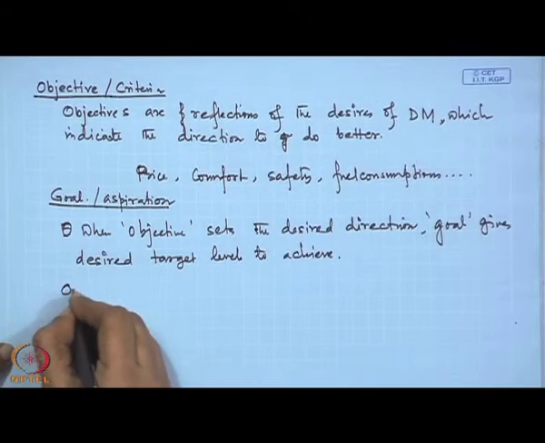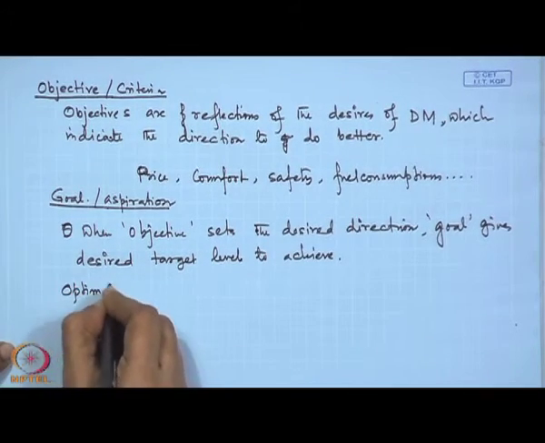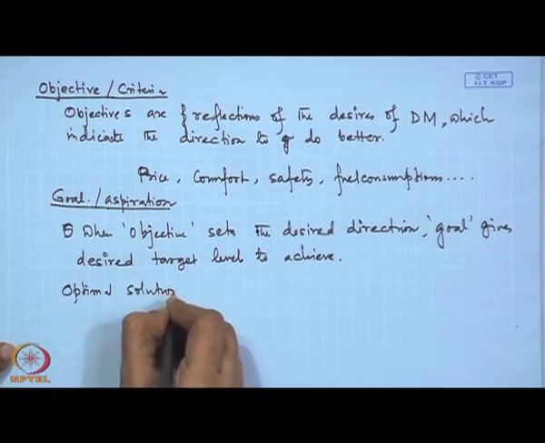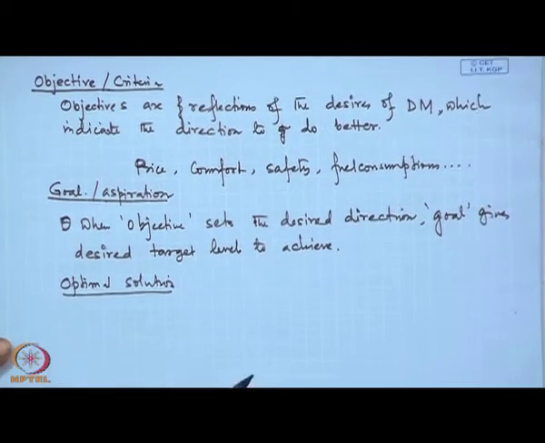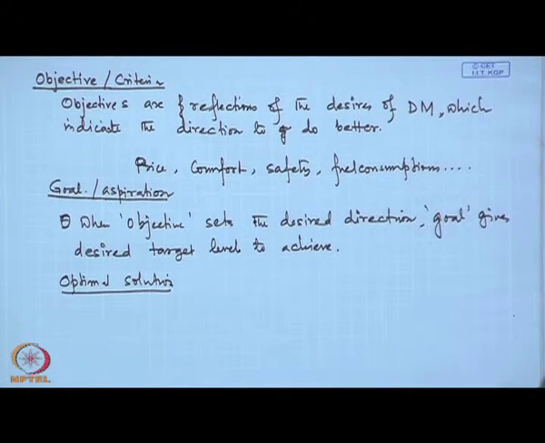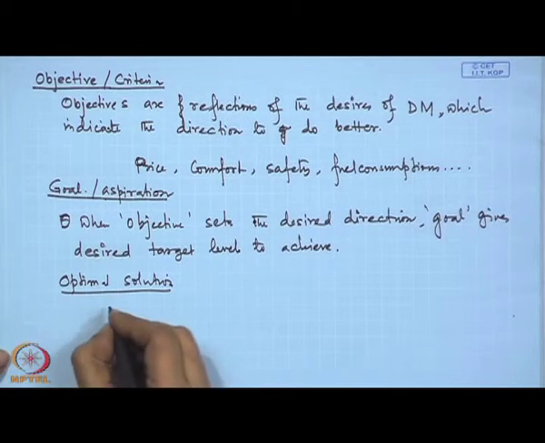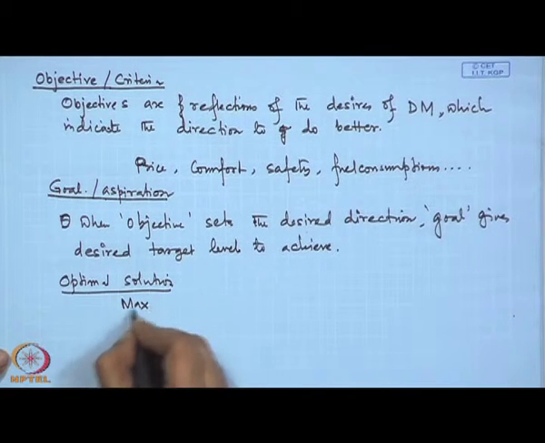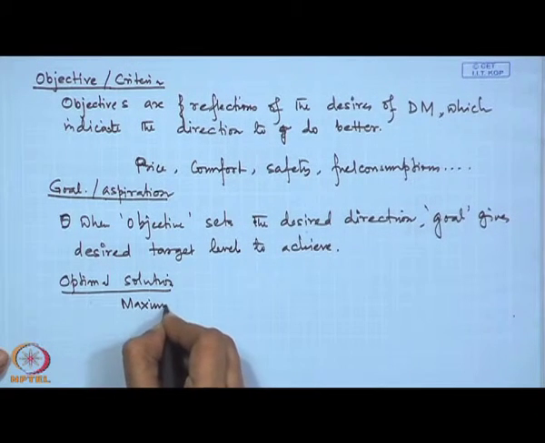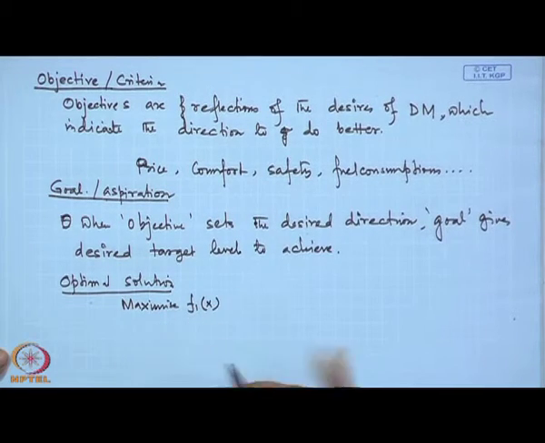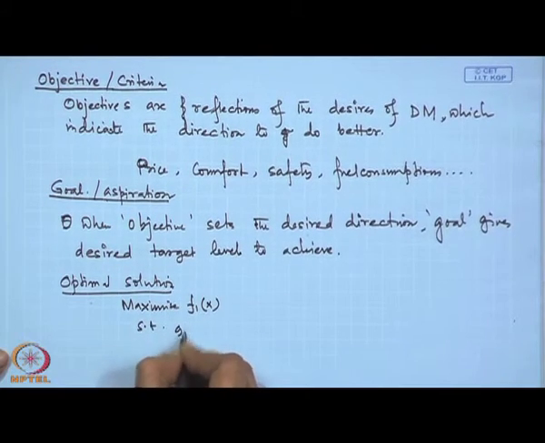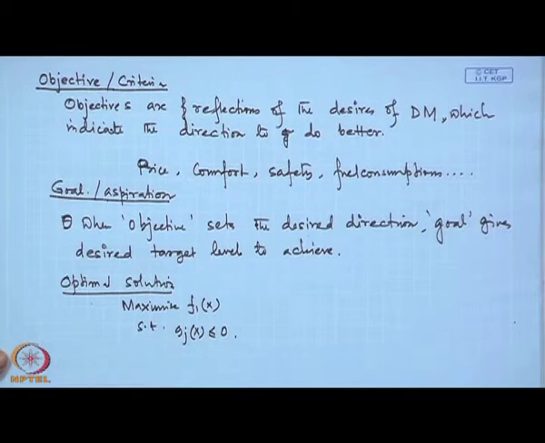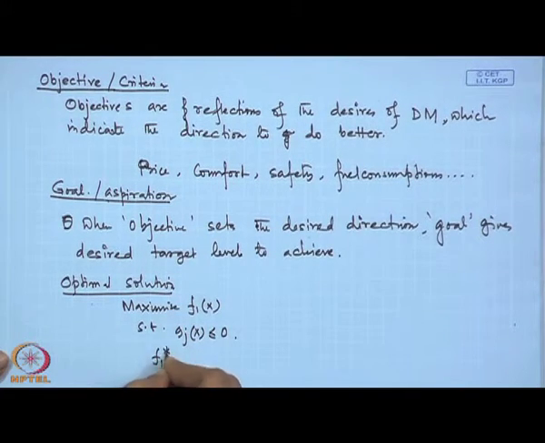Once the problem comes, we are having several objective functions together. Can we really say something about the optimal solution of the multi-criteria decision making problem? Let me define what the optimal solution is, and then I will say whether it is really feasible to target this optimal solution or not. For the defined general model, if I just want to maximize f1(x) only subject to gj(x) less than or equal to 0, we will get the optimal solution f1 star.